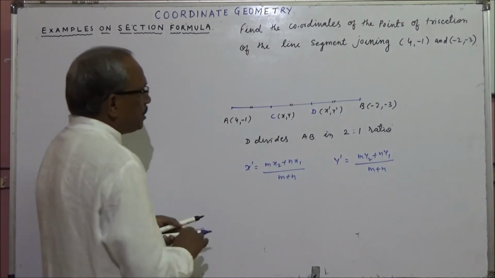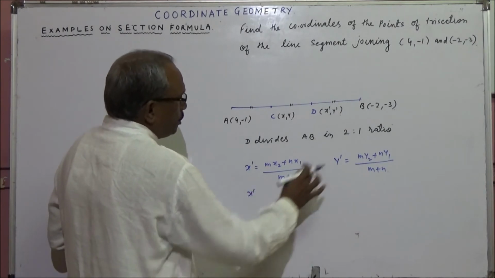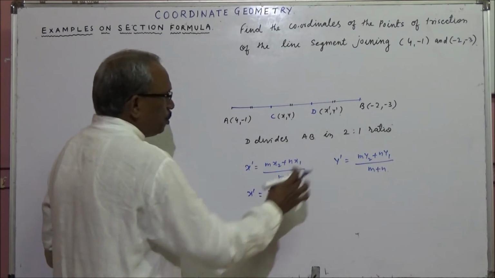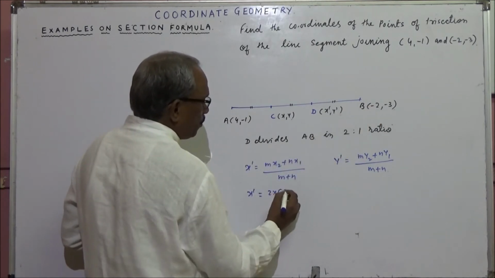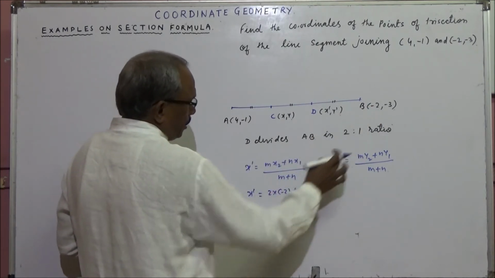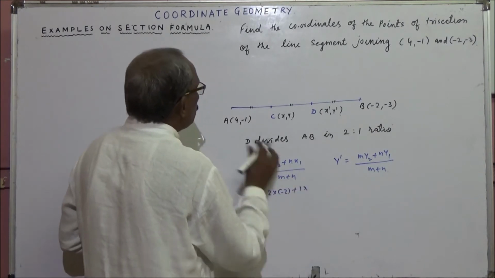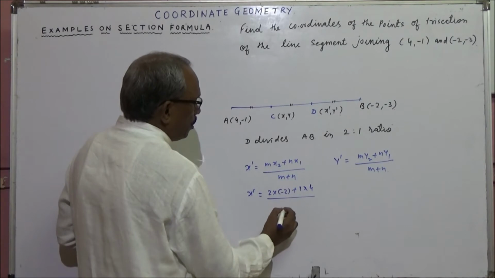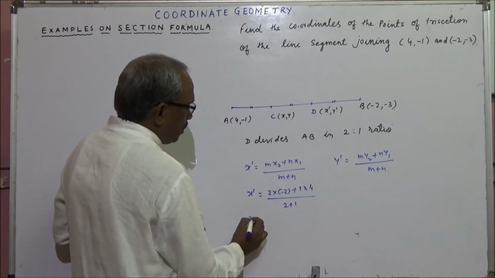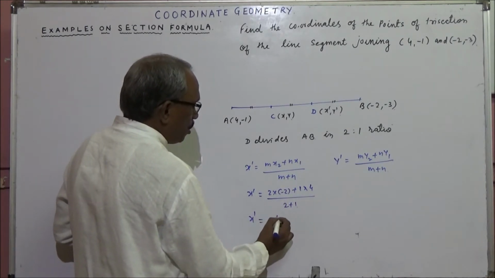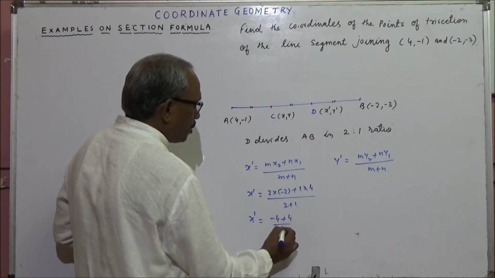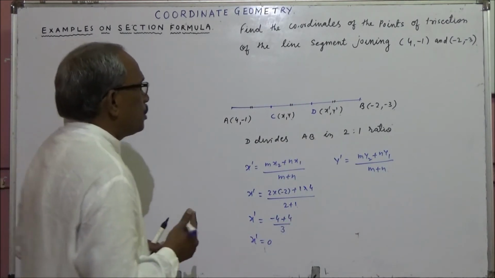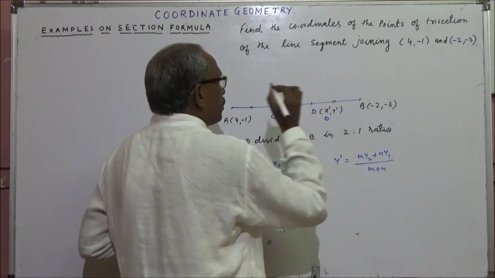So x' is equal to m is 2, 2 into x2 means -2, plus n is 1, 1 into this is 4, upon 2 plus 1. So x' is equal to (-4 plus 4) upon 3. x' is equal to 0.